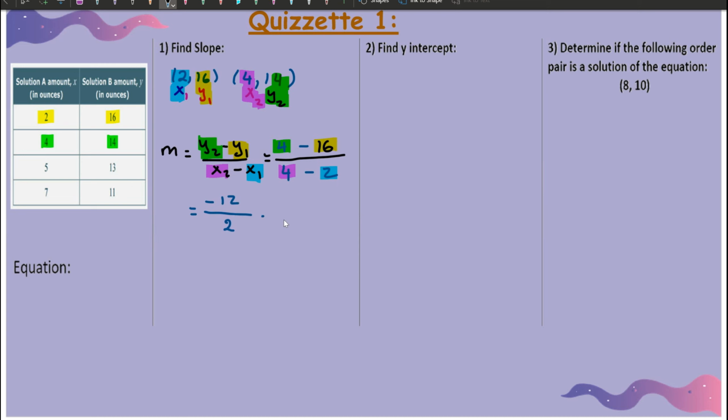Negative 12 over 2 is negative 6. So m equals negative 6. That's it for the first problem.